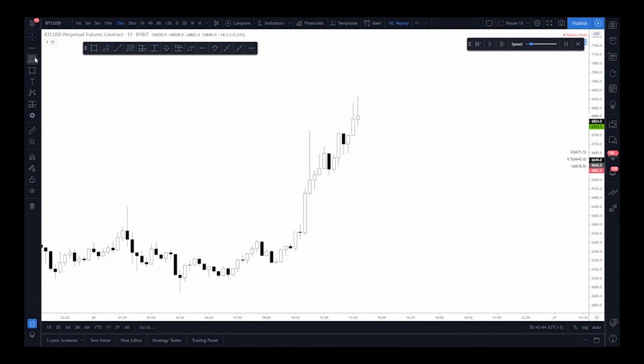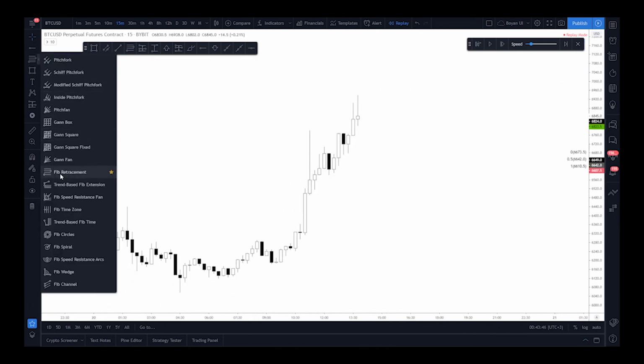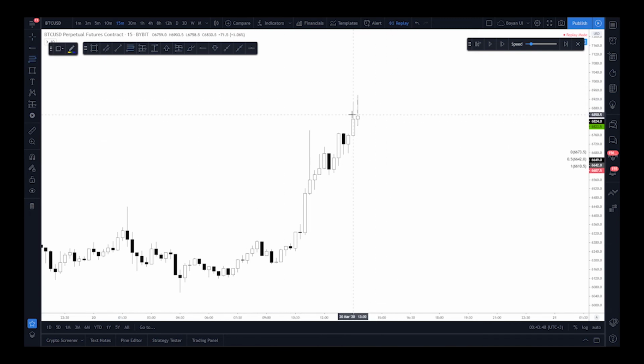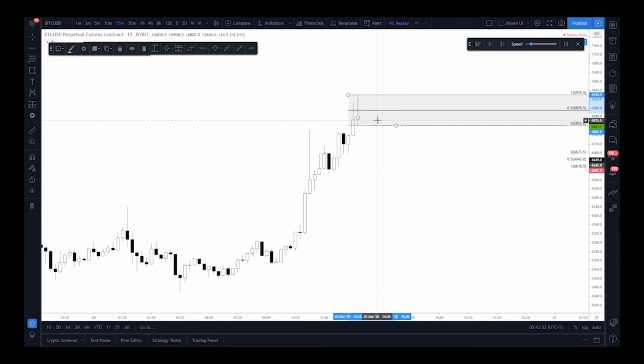So the proper entry would be after this candle has closed. We draw the Fibonacci retracement, so our entry is right here at 6831, and another entry around the candlestick 50% retracement at around 6868.